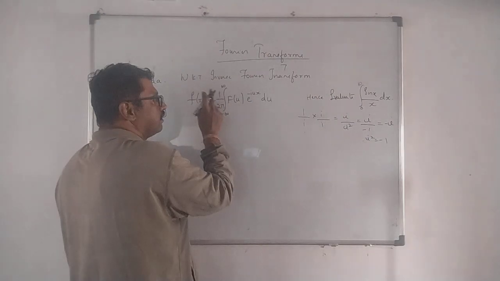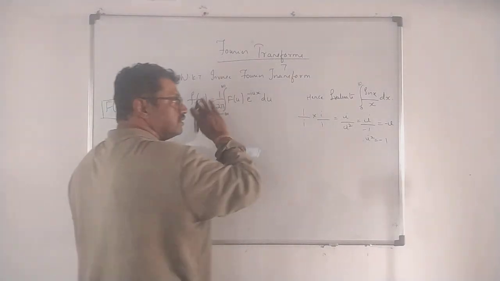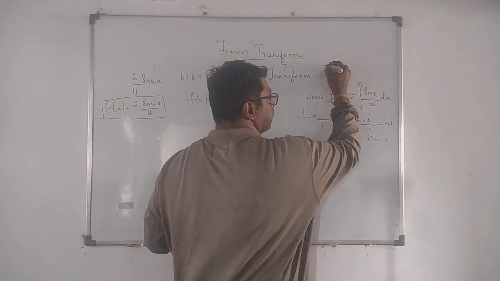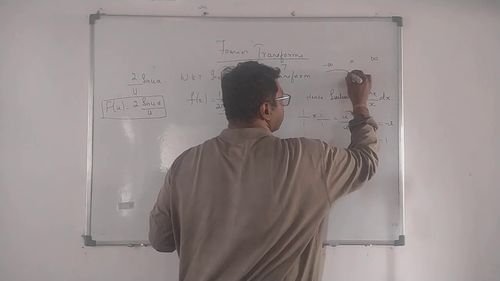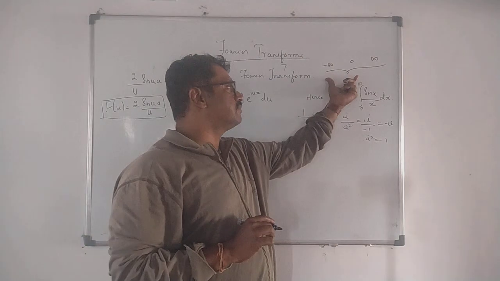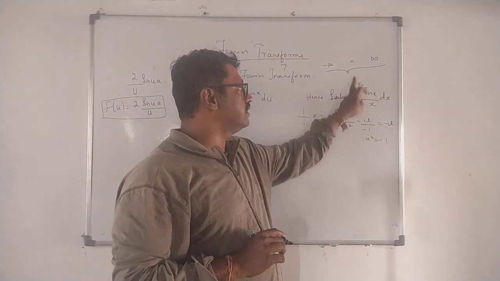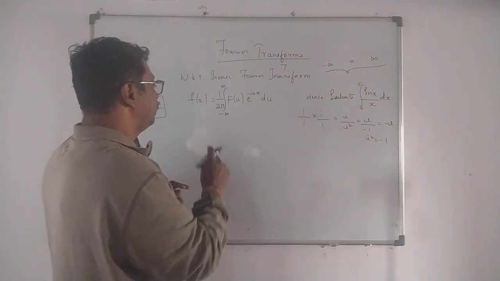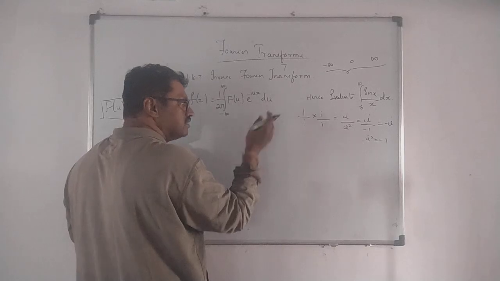This is important. Minus infinity to infinity is a continuous function: minus infinity to 0, 0 to infinity. But they have left this part because there is no answer here. The answer is from 0 to infinity, so we have to consider 0 to infinity for our answer.